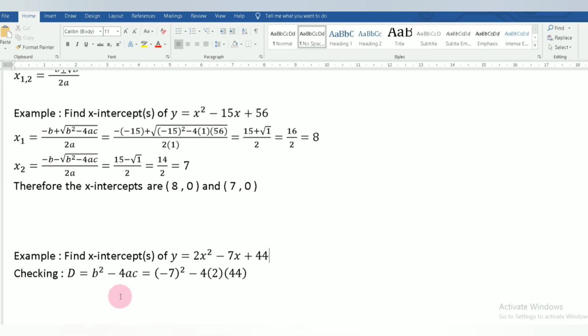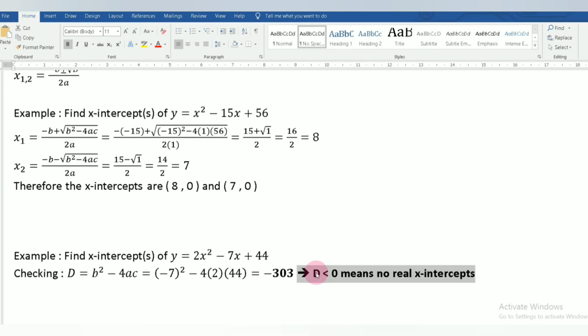For this one, D equals, okay, you can substitute everything, and we can find it is negative 303. Since the discriminant is negative, remember, we have no x-intercepts since we are dealing with the real plane. But of course, we have the values of the imaginary numbers. But that's for later.